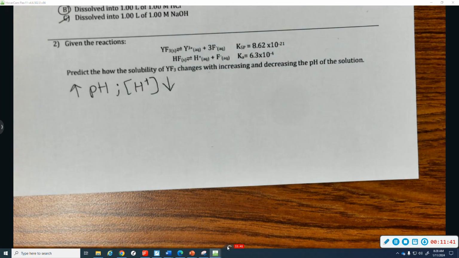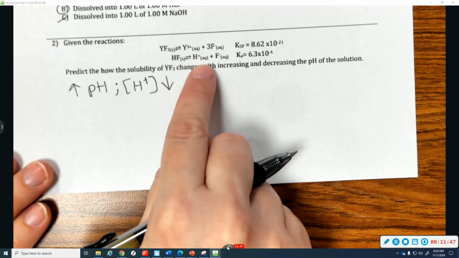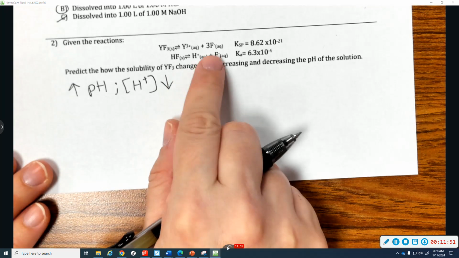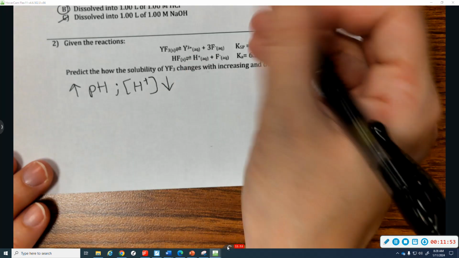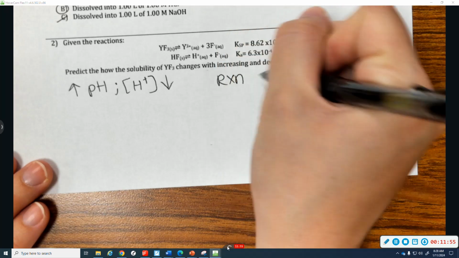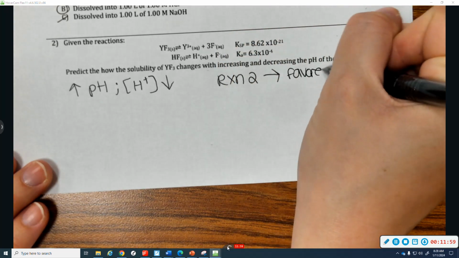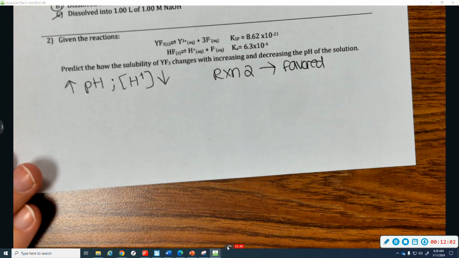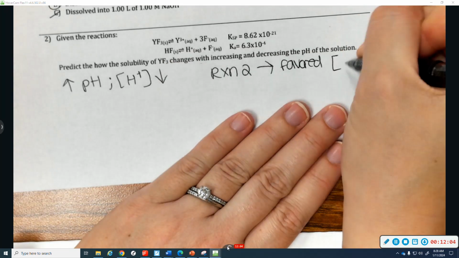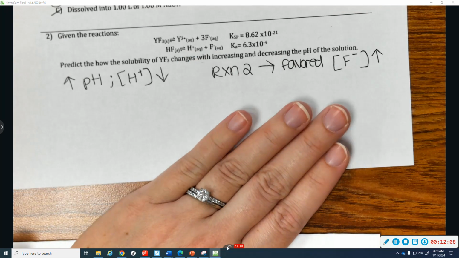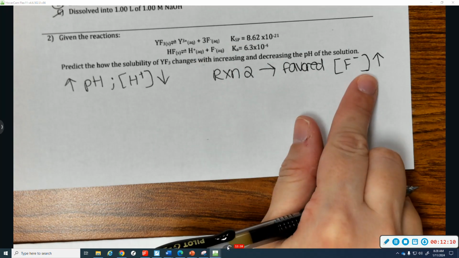Okay, so if I put this in a basic solution, something with a high pH, that means the amount of hydrogen ions has decreased. If the amount of hydrogen ions has decreased, that is going to cause reaction 2 to be forward favored. And it will make more hydrogen ions. That means it's also going to make more fluorine ions. So the concentration of fluorine ions will go up.